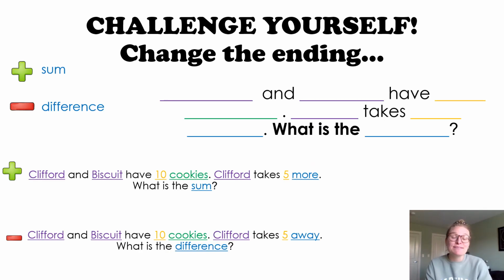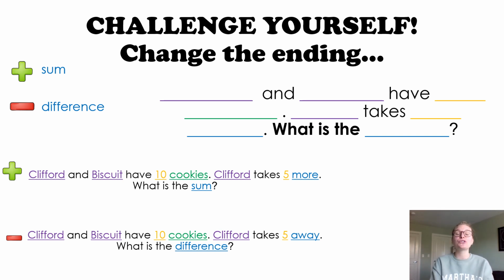If you've practiced making the other word problems and you're thinking, I need a challenge, that was easy peasy, what you can do is challenge yourself. And we can challenge ourselves by changing the ending. And we're going to change the ending from saying how many are left or how many in all to something different.